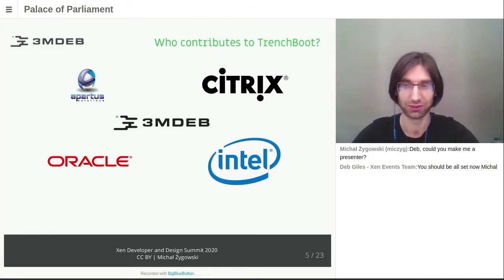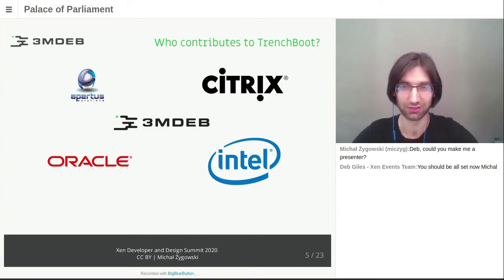Okay, so who contributes to TrenchBoot? First of all, Daniel Smith from Apertus Solutions is the founder of the idea of TrenchBoot. He started his work a few years ago. Besides Daniel, we also have Citrix. For example, Andrew Cooper helped us with TrenchBoot. People from 3mdeb are doing the AMD part, with Andy's help.